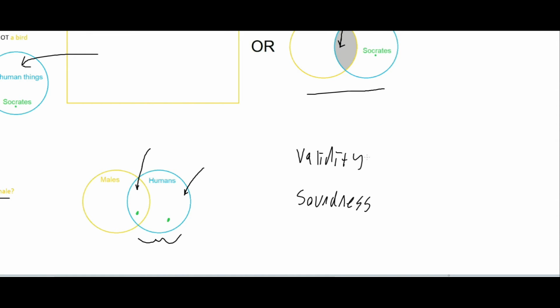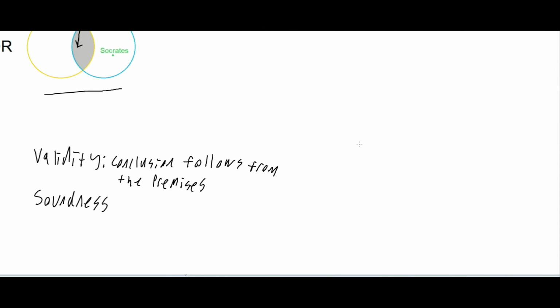Validity is that the conclusion follows from the premises. And that is not saying anything about whether the syllogism is true, because we can say something completely false.